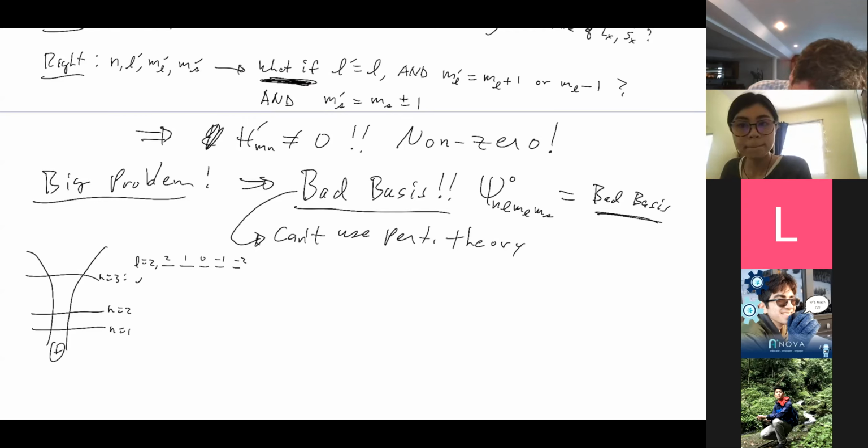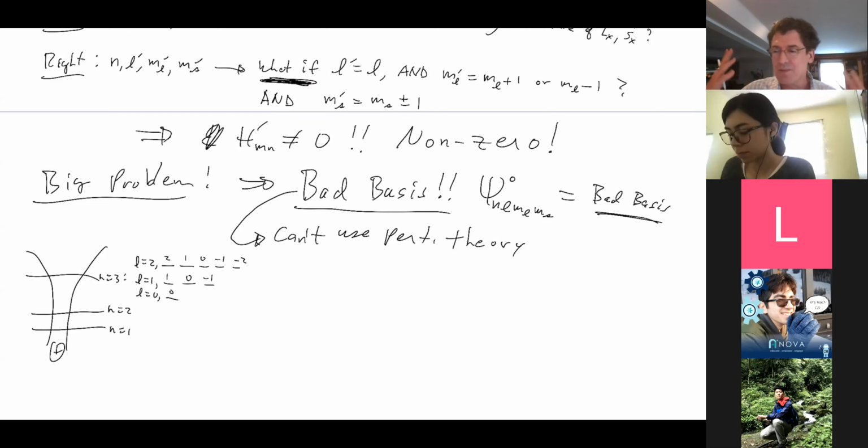And we have L equals 1, and then we have 3 of them: 1, 0, -1. And then we have L equals 0, and we have 1 of them. Those are all the states. There are also the S states, but I'm going to ignore those for now. But what I want you to see is that the problem is here.